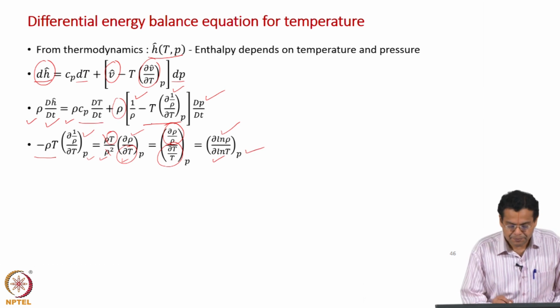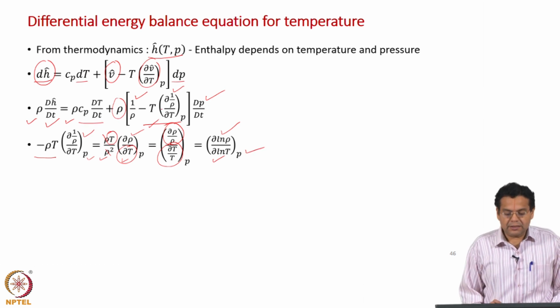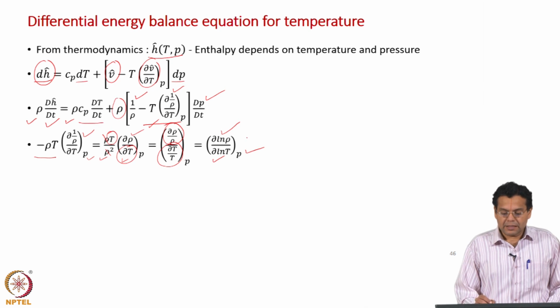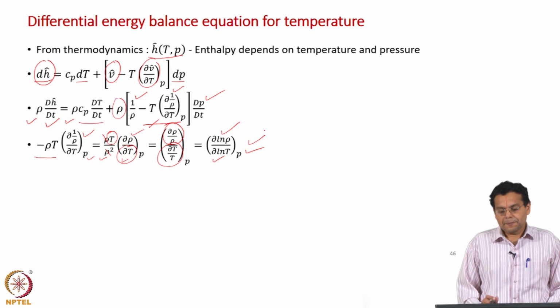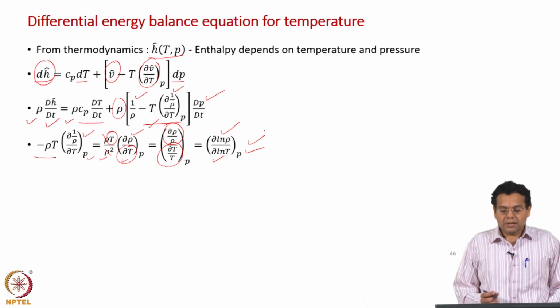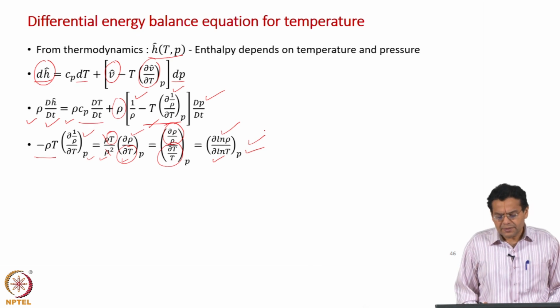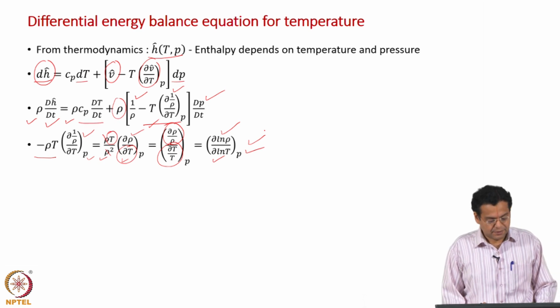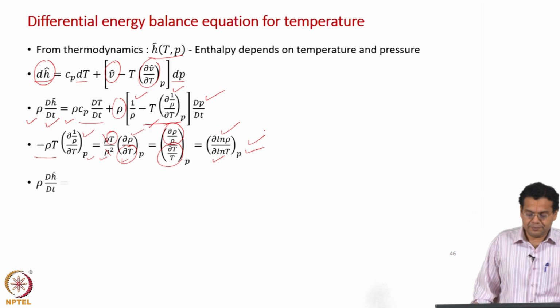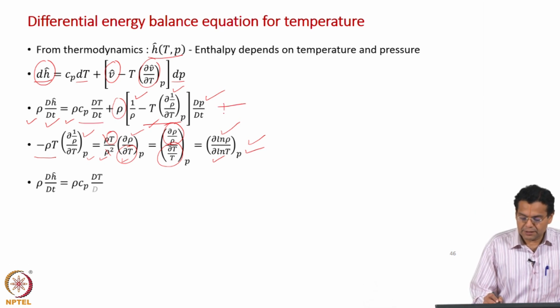So, this term, rho into that term including the minus sign, is dou ln rho by dou ln T at constant pressure. So, it tells about the effect of temperature on density, but it is not dou rho by dou T; it tells about the change in ln rho for a change in ln T. Okay, now let us substitute that in this equation.